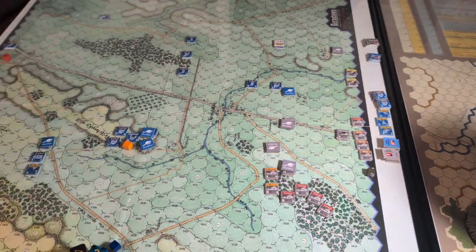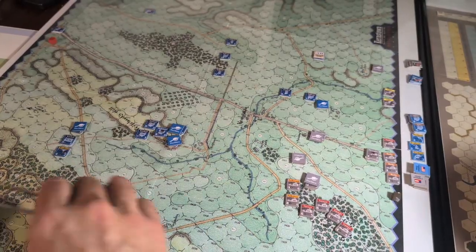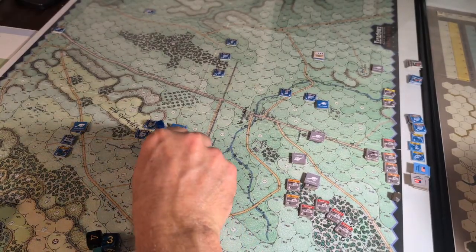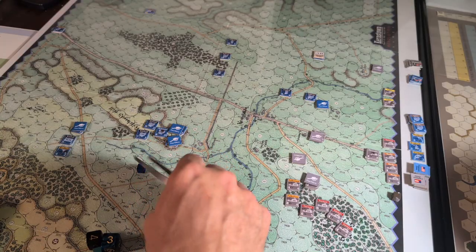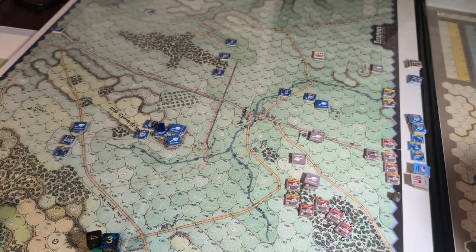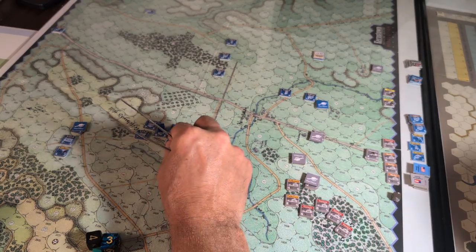And the only thing we have left now is Robinson. Okay, he's got a smooth bore, and he's got these 2 units below him.